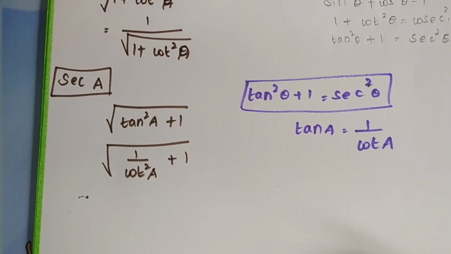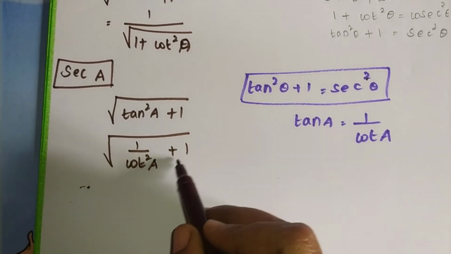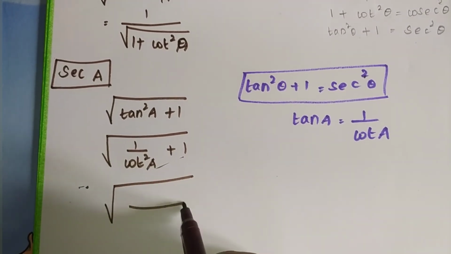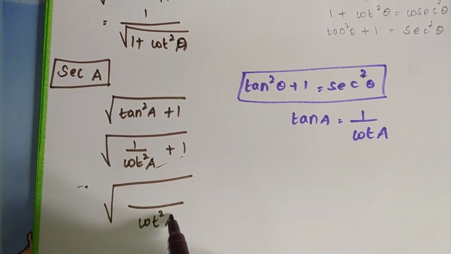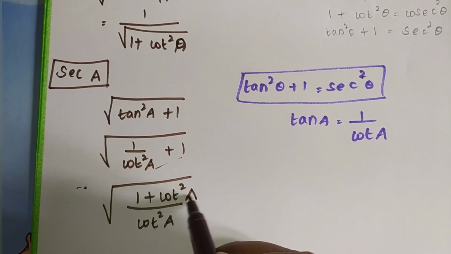Then take LCM. Cot square A, that is 1 plus cot square A.